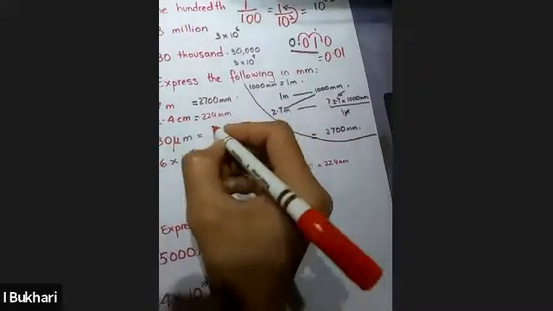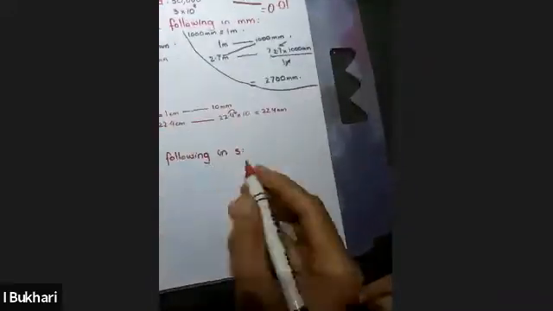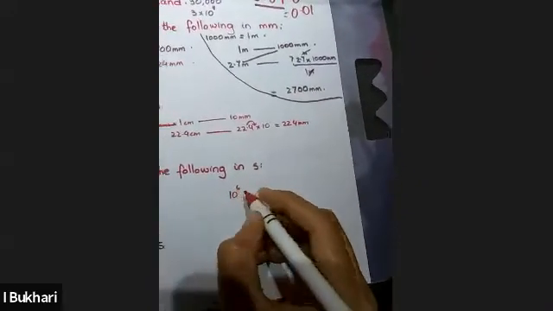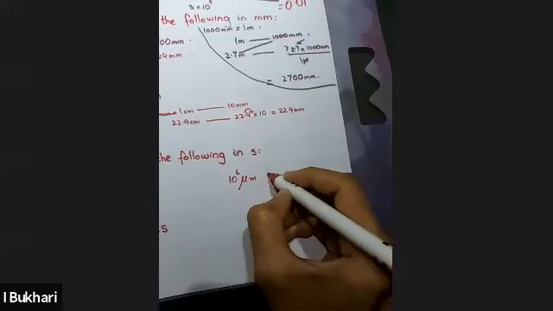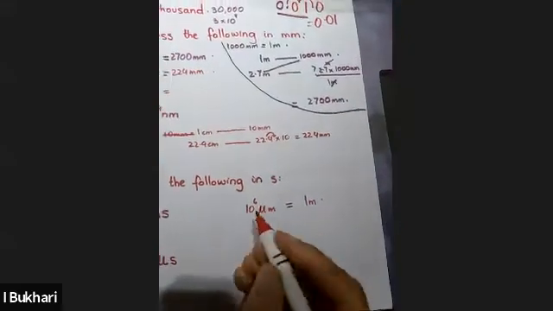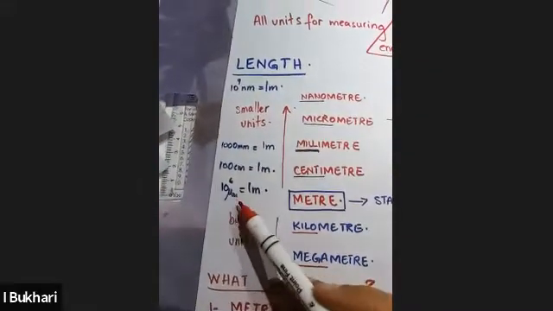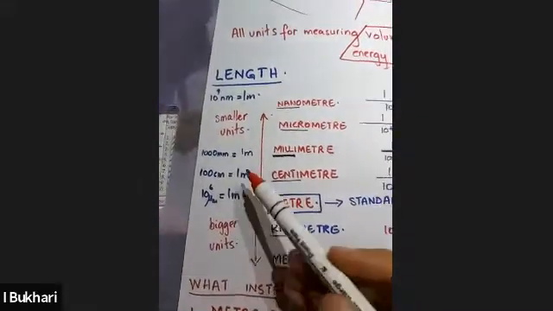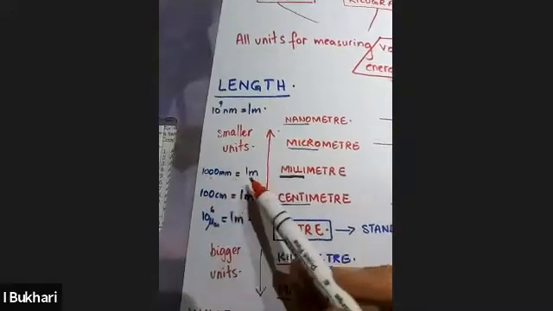10 to the power 6 micrometers is equal to 1 meter. This is what we know, right? Remember, in the last class we did 10 to the power 6 micrometers is equal to 1 meter. And 1000 millimeters is equal to 1 meter.